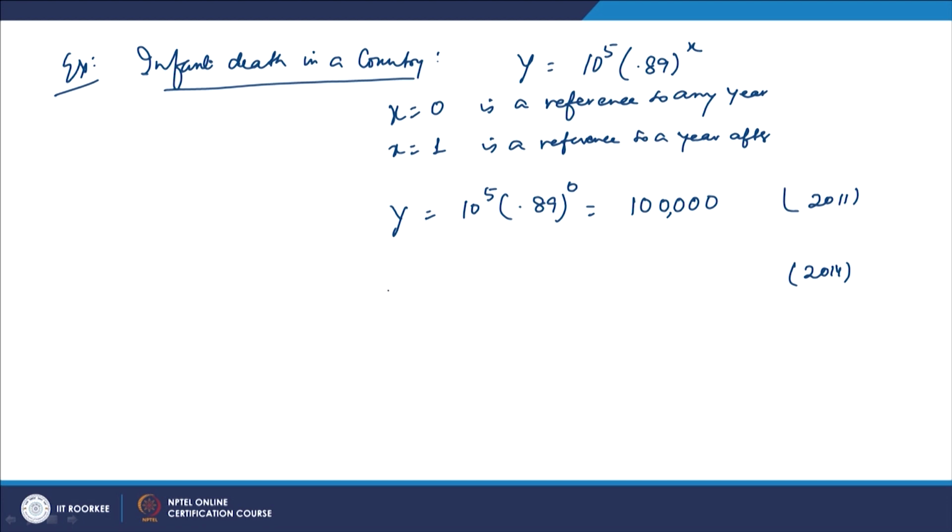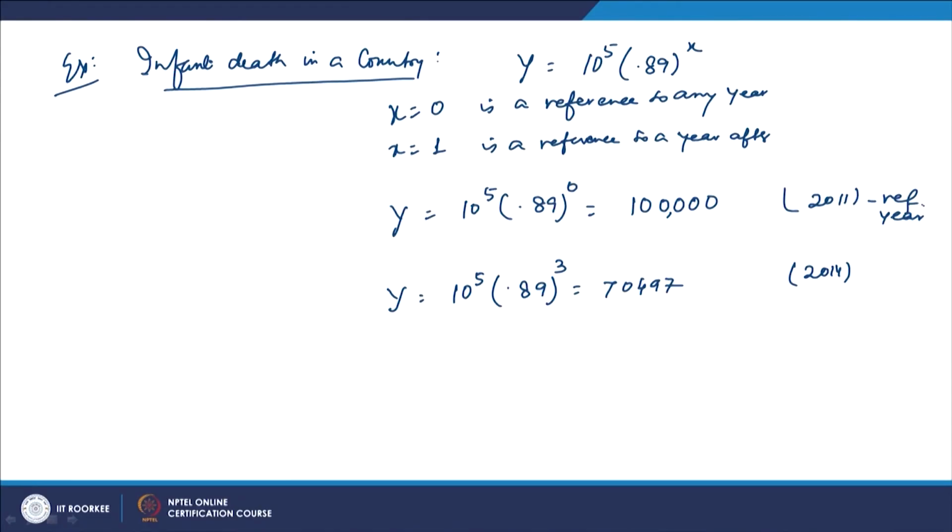So for 2014 the prediction will be 10 raised to the power 5 into 0.89 raised to the power 3, which comes to 7497. This way you can predict these decay curves.